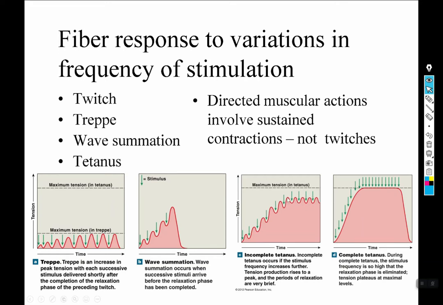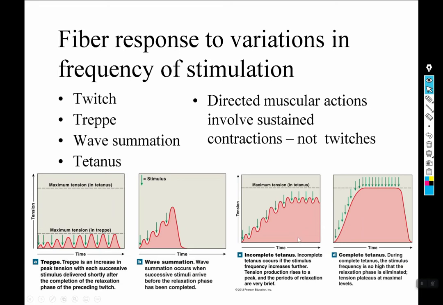So it doesn't go back all the way down to zero between stimuli, because the impulses are arriving without enough time for the tension to decay back to a completely relaxed state. The period of relaxation is too brief to get back down to baseline.